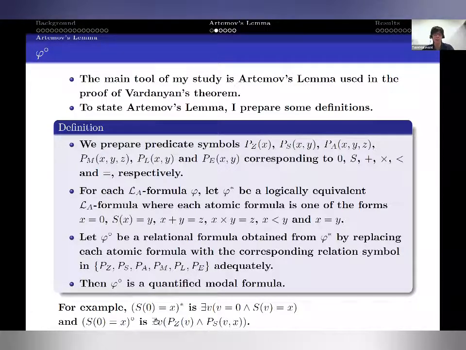Then this formula is a quantified modal formula, but there is no modal operator in this formula, so it is a quantified modal formula of degree 0.